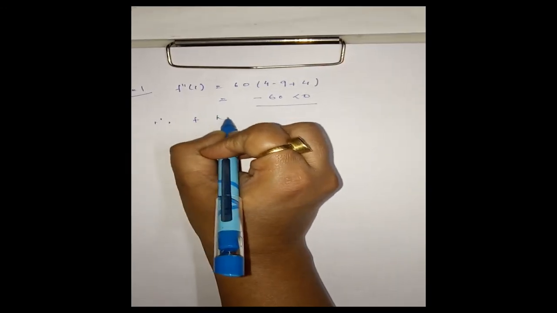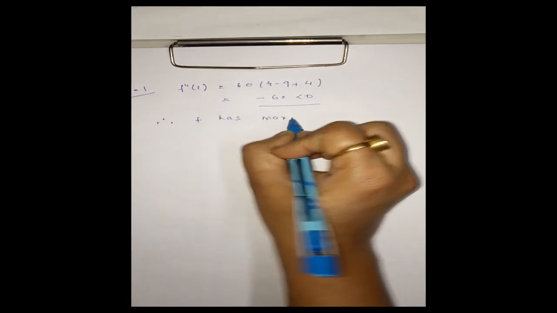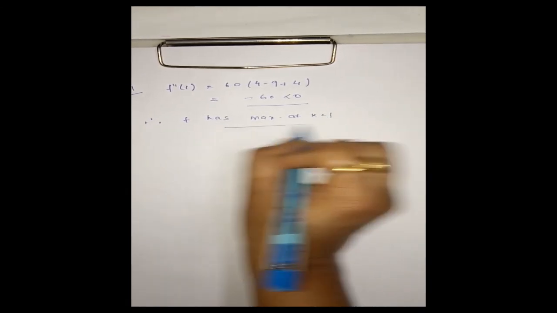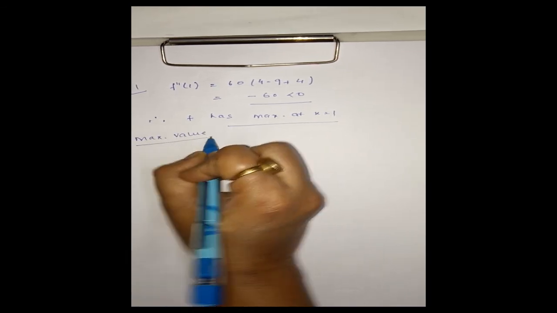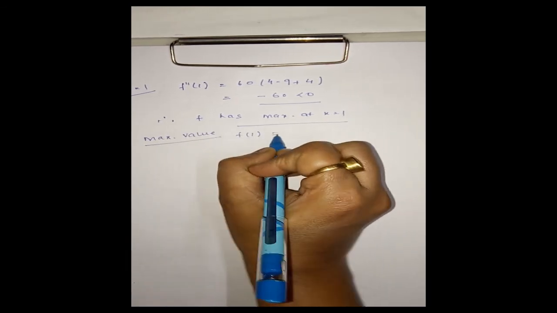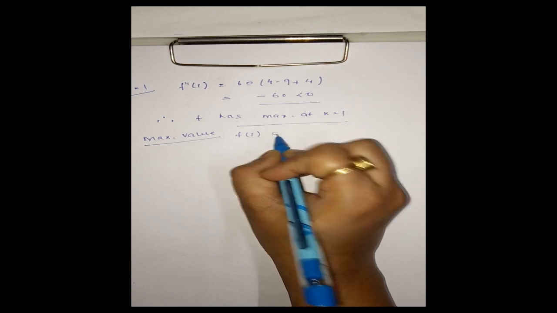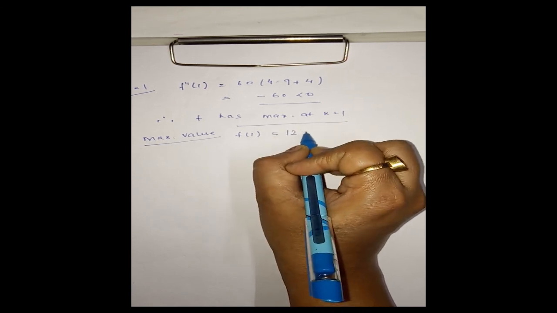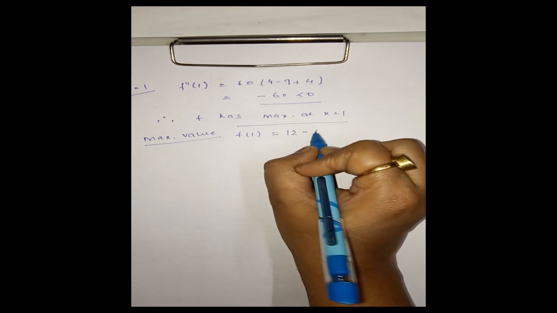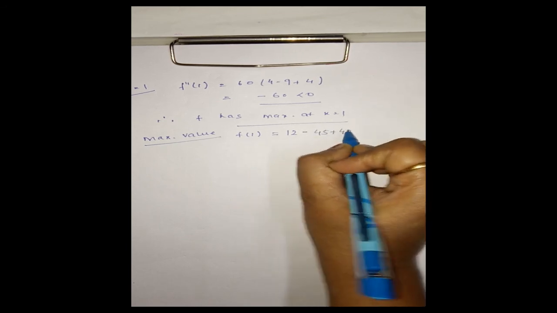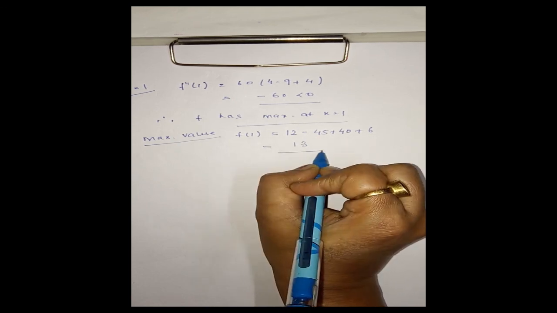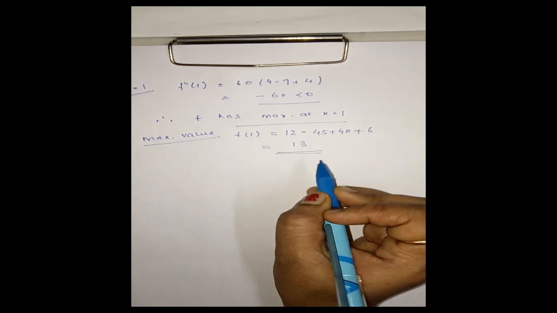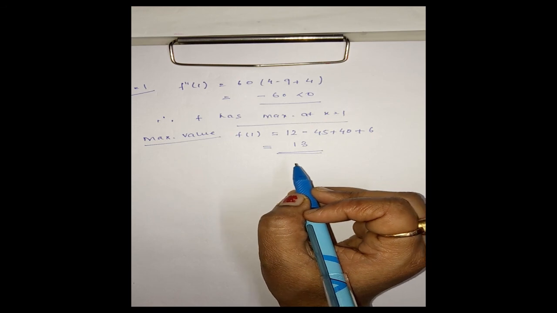Therefore, f has a maximum at x equal to 1. And the maximum value is given by substituting x equal to 1 in f(x). f(1) is equal to 12 - 45 + 40 + 6. On solving, this is equal to 30. That means this is the maximum value and minus 10 was the minimum value.